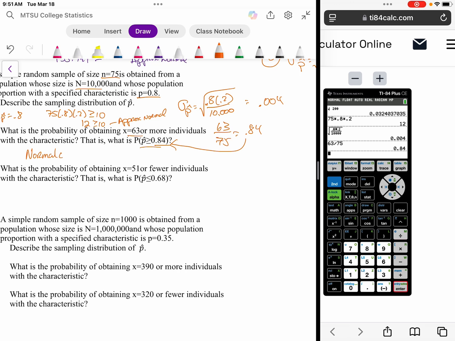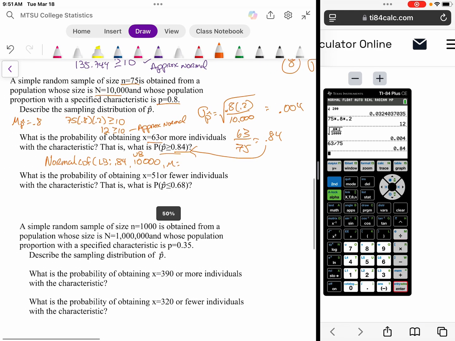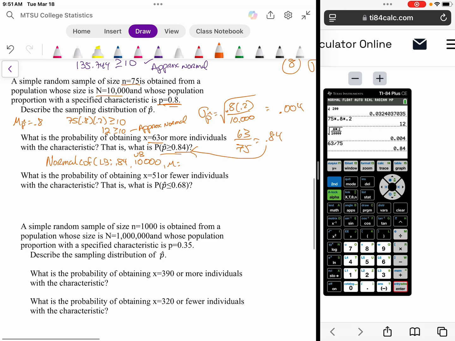So I'm going to do a normal CDF. My lower bound is 0.84. My upper bound, again, I like doing something really big. My mean, based on this problem, was 0.8. And our standard deviation of p hat, we said, was 0.004.